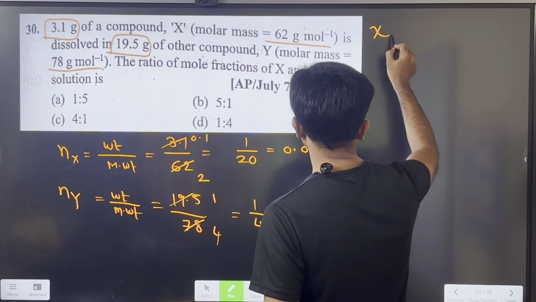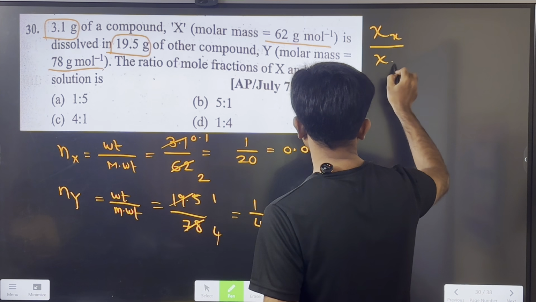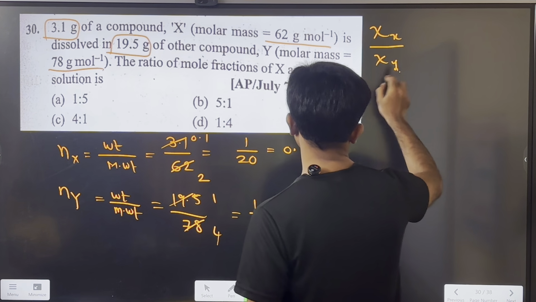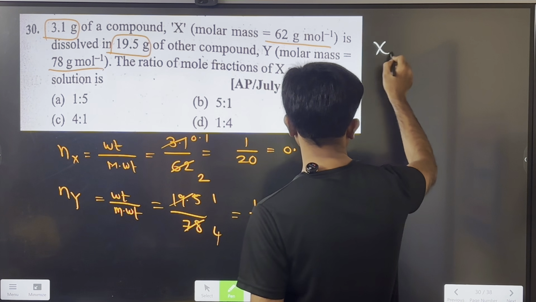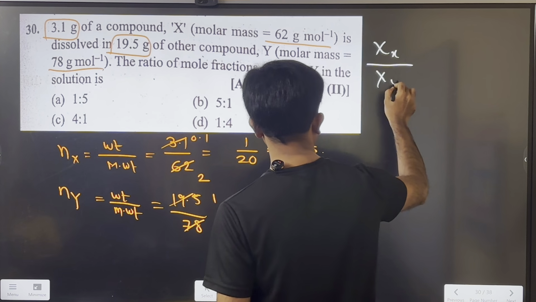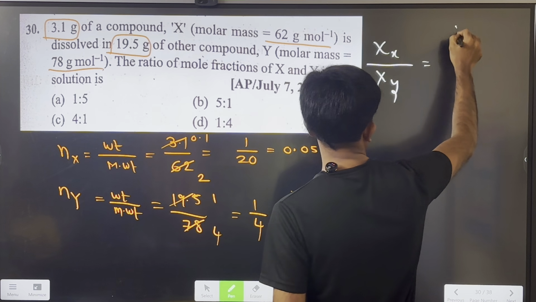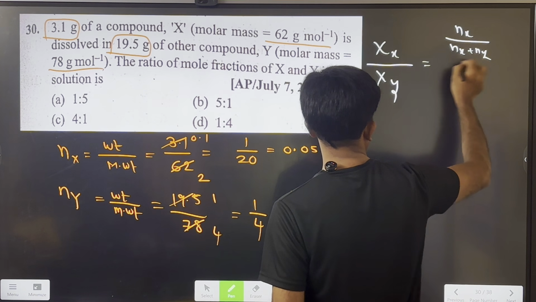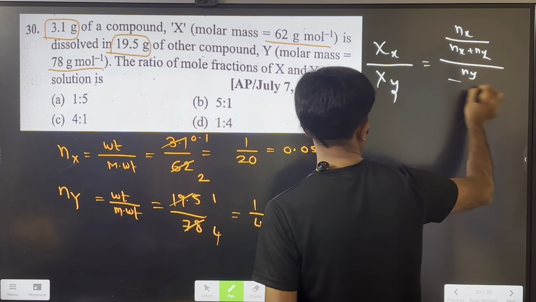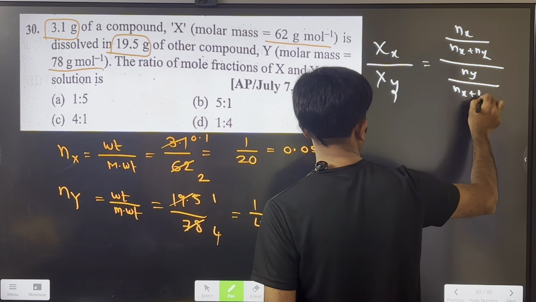So the ratio of mole fraction of X and mole fraction of Y, how do you get this? You already know the mole fraction formula, so just convert this into the formula: mole fraction of X by mole fraction of Y. How can we write this? Number of moles of X by total number of moles, by number of moles of Y by total number of moles.